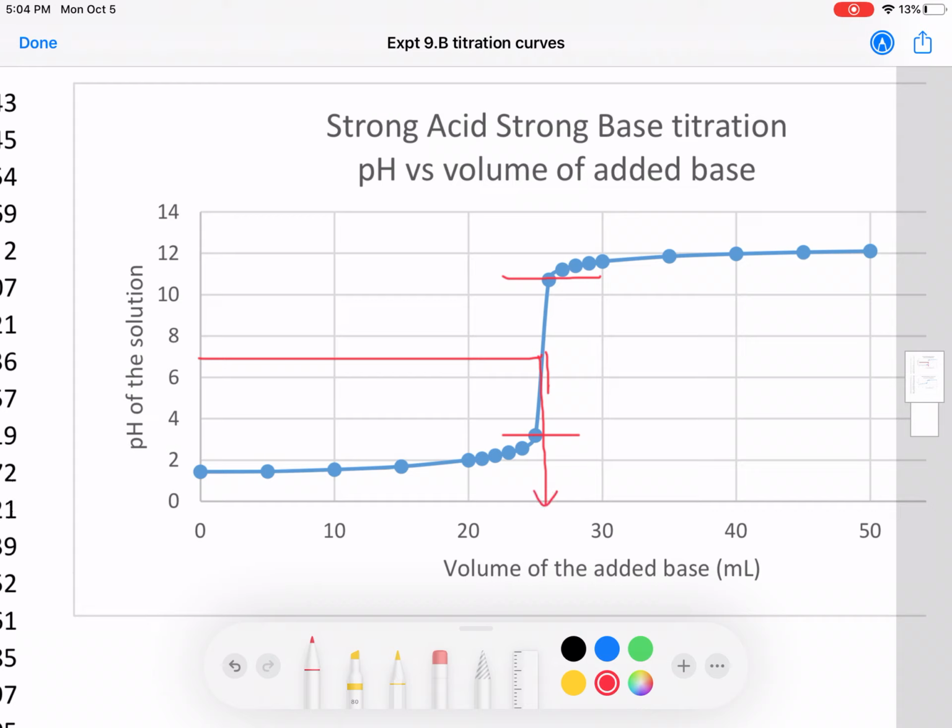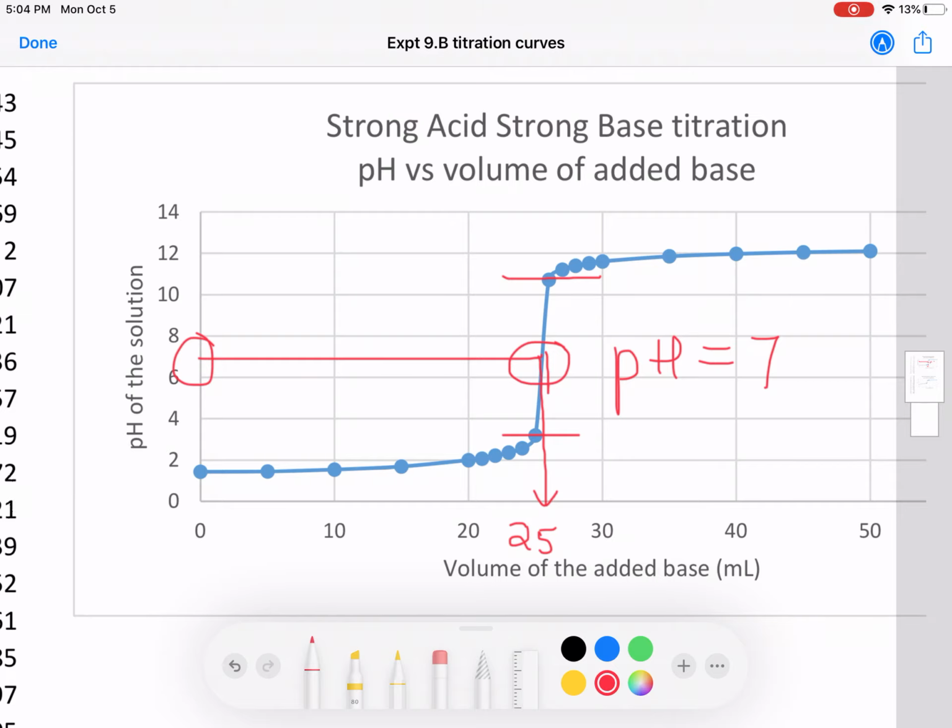That's the volume. You don't need that information. You only need to know what this value is in terms of pH. For a strong acid and strong base, the neutralization or end point happens right at pH 7. Once you draw your graph, you will see that it is at pH 7. So that is the end point. You will get this information from the graph that you draw.